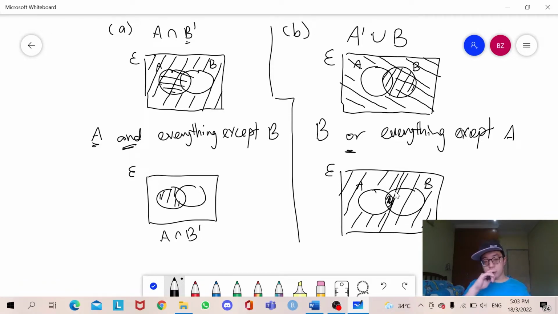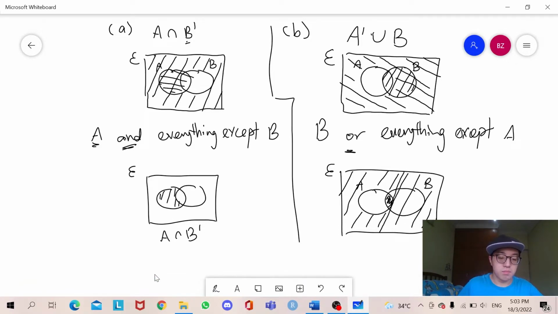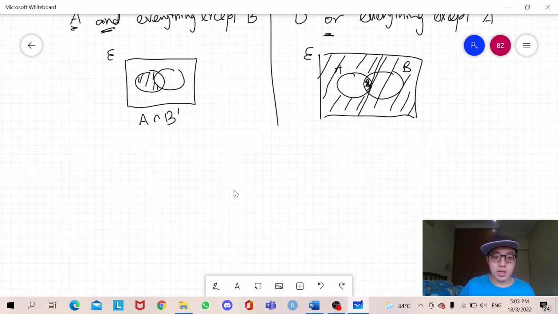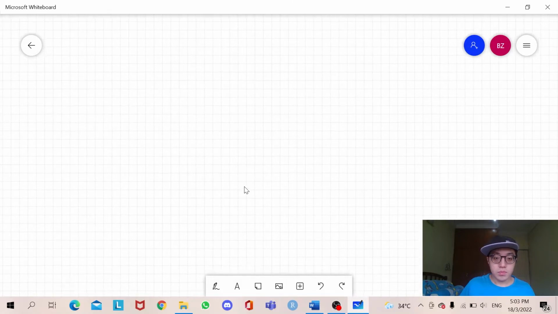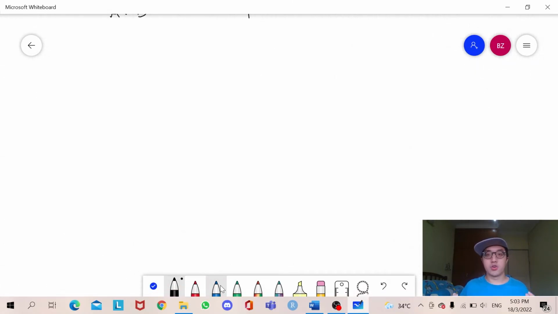So these are two small examples of the most fundamental questions that sets can ask. The next one I'm going to talk about is how you draw a set.